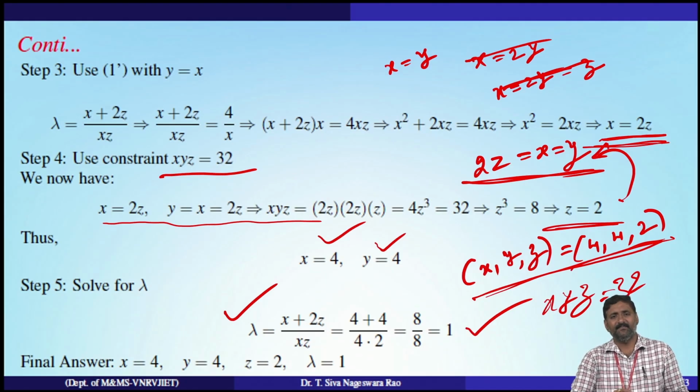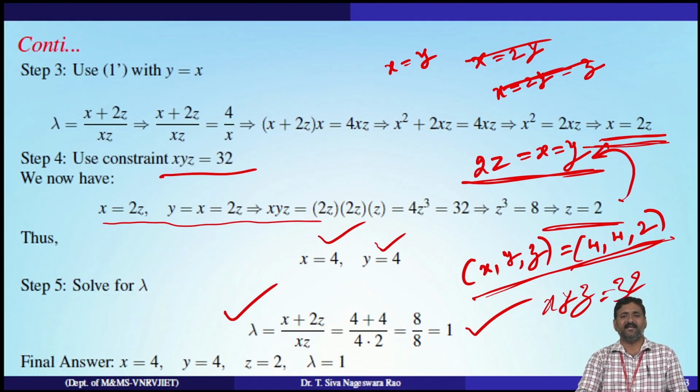This function is for 3 variables. If you want to write for 2 variables, L of x comma y comma lambda is equal to f of x comma y minus lambda multiplied by g of x comma y. After creating Lagrange's function, we will apply partial derivatives with respect to x, y, z based on the number of independent variables. After equating these to 0, you will have a system of equations.